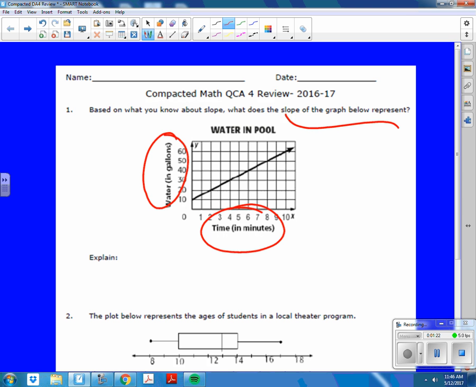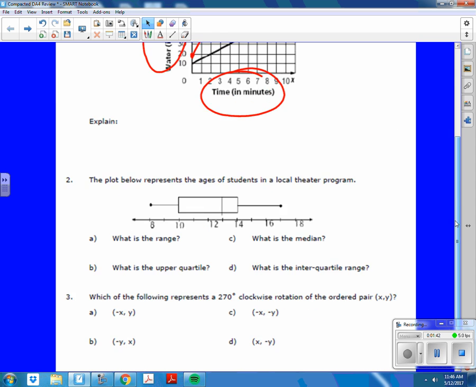One way to put it would be that the pool, remember the y-intercept is where we start. So this thing started at 10 gallons, and it is increasing at a rate of 5 gallons per minute. Okay? Any questions on that?